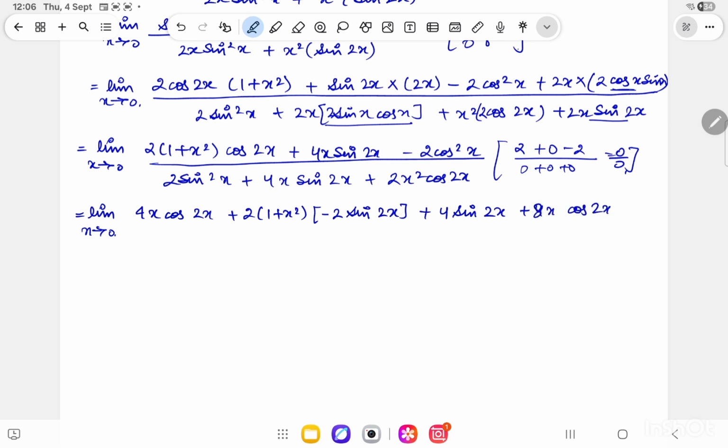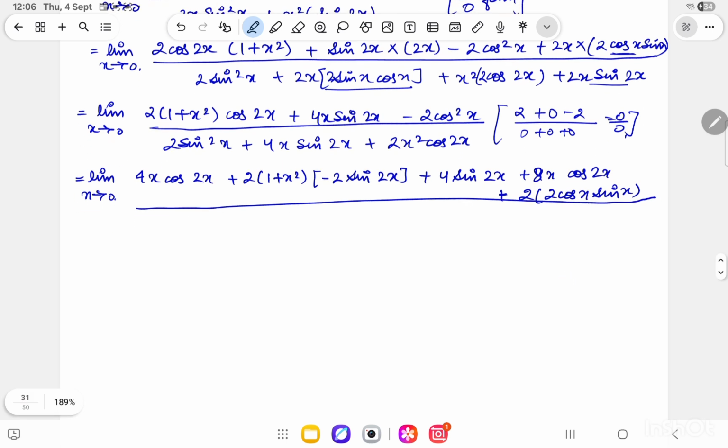So it will be 8x cos 2x minus 2 to 2 cos x into minus sin x, divided by, if I take derivative of denominator term, I'll be getting 4 sin x into derivative of sin x will be cos x, plus 4 sin 2x plus 4x cos 2x into 2, so it will be 8x cos 2x.